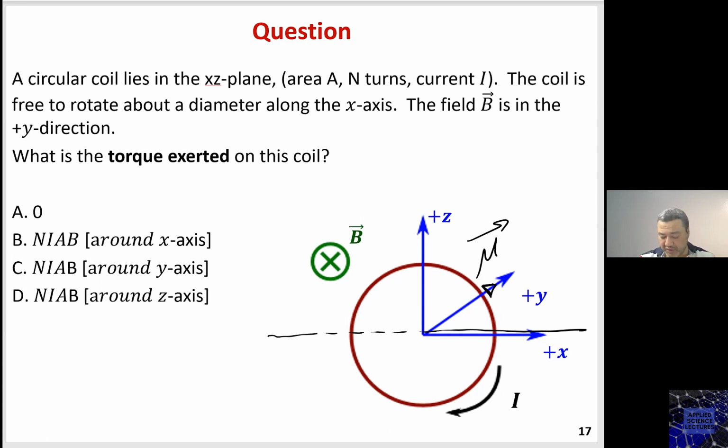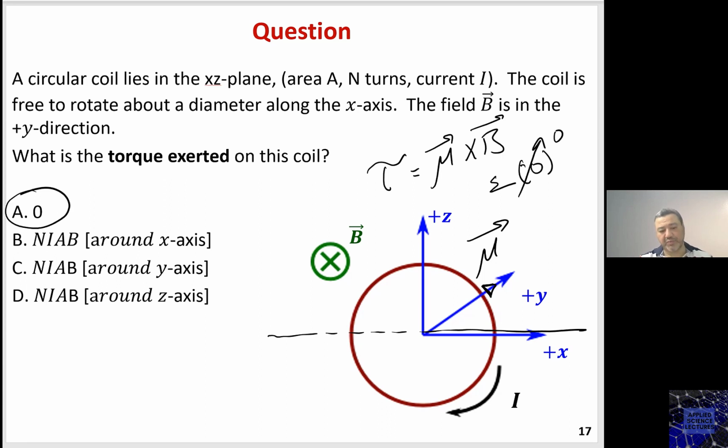The magnetic field is also pointing in the y-axis. So in this case, the torque is mu cross B. However, theta is 0, which means the torque now would be 0, and the answer to this would be A, equals 0.